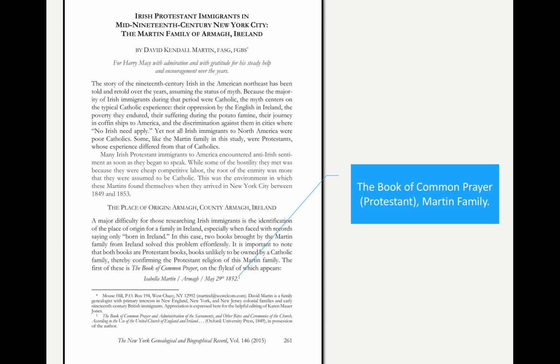So if your family has a Book of Common Prayer, you can at least hypothesize that they were in fact Protestant versus Catholic. And of course, in this particular example, it actually had the birth location and the name of the family right there inside the book, just like a family Bible might.